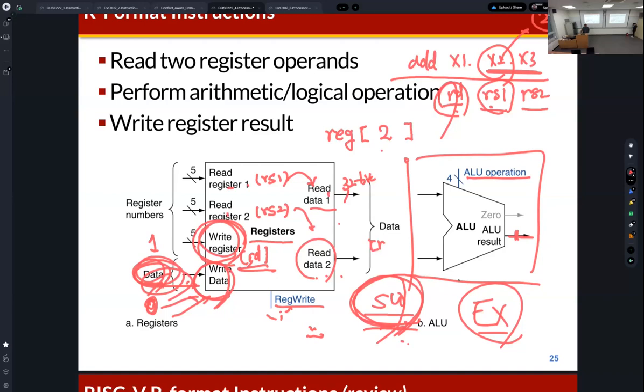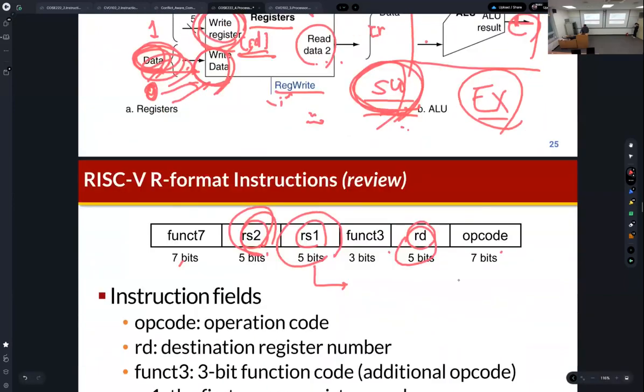Based on this control signal, the ALU can perform the add operation, sub operation, and some other operations. The ALU requires two input data, and then it generates the output result.